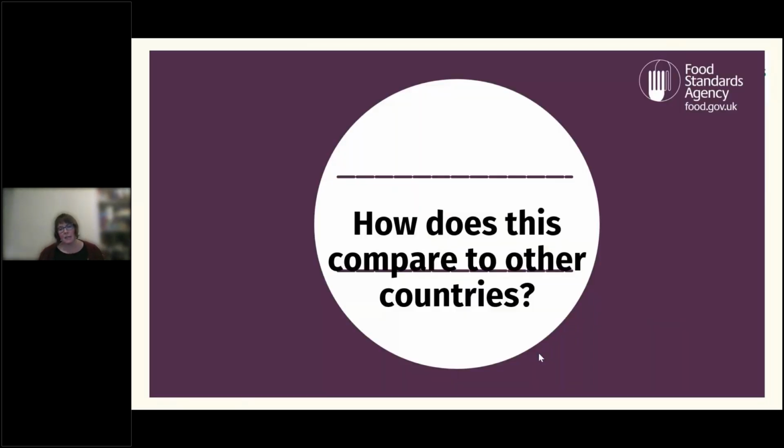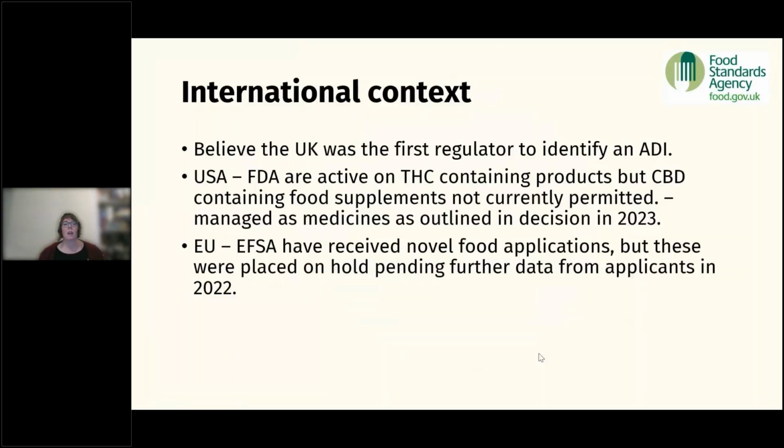So how does this compare to other countries? We believe that the UK was probably the first regulator to identify an ADI. We know that there's a number of publications that are also looking at development of ADIs, but I think we believe we're the first one in terms of a regulator context. We know that in the US the FDA, for example, are very active in terms of THC-containing products, but CBD products are perhaps less considered at the moment, primarily because they're being managed through their medicines pathway.